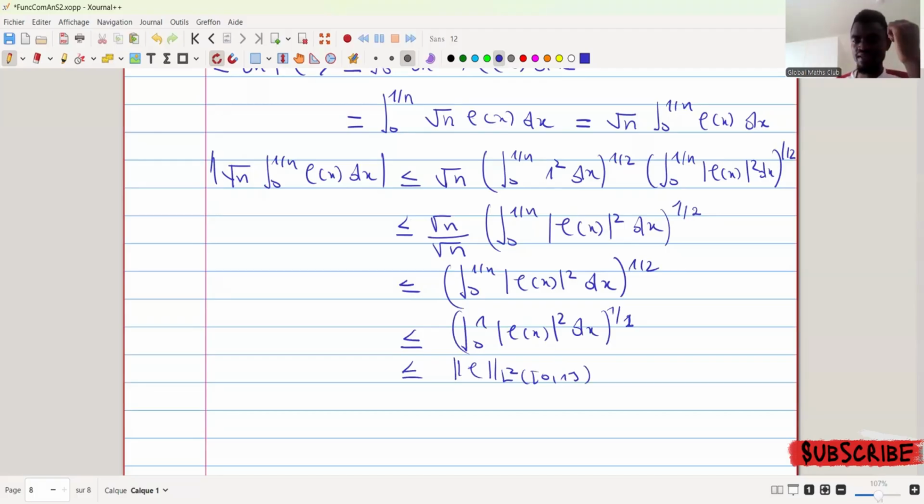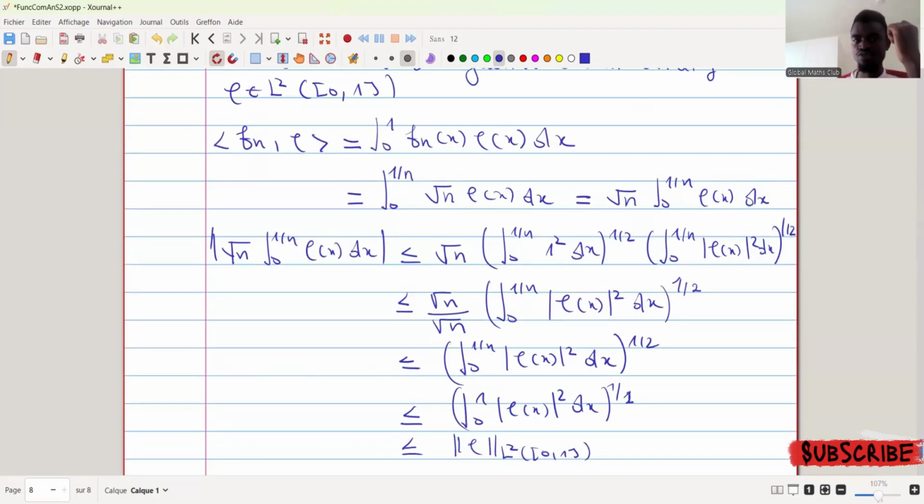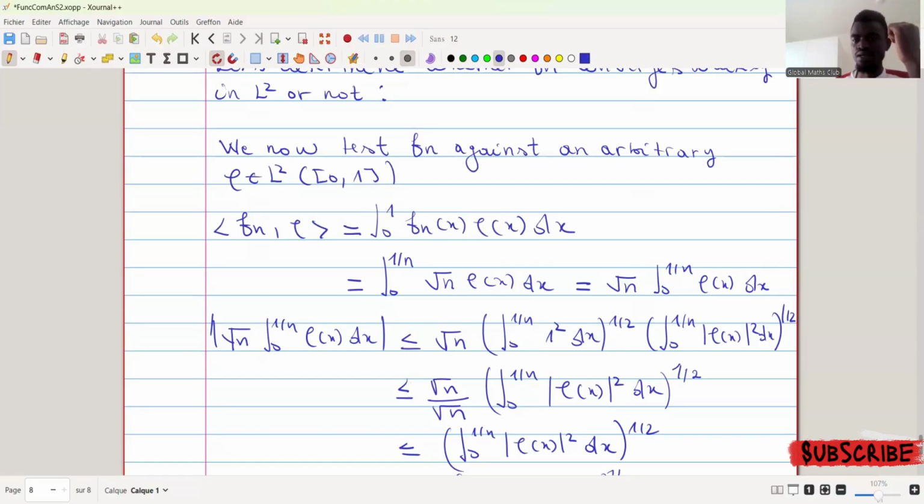Now, we mentioned that it was possible to use what we call the dominated convergence theorem.